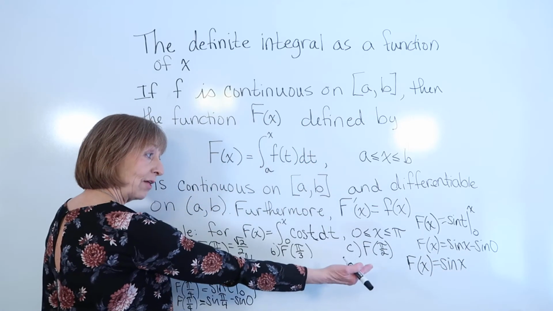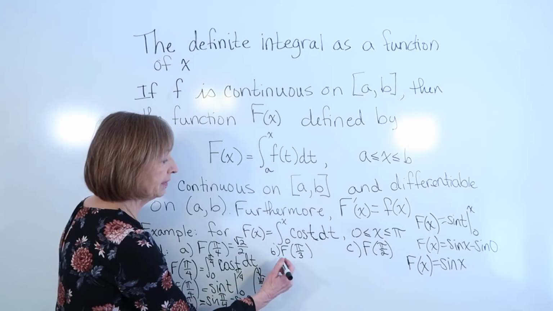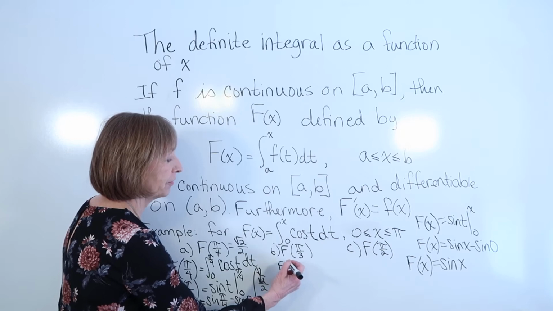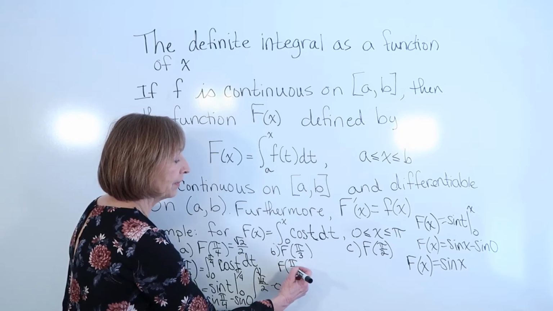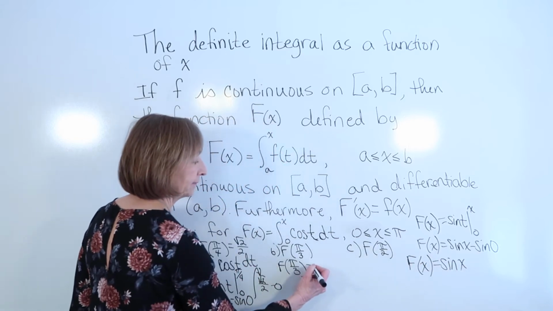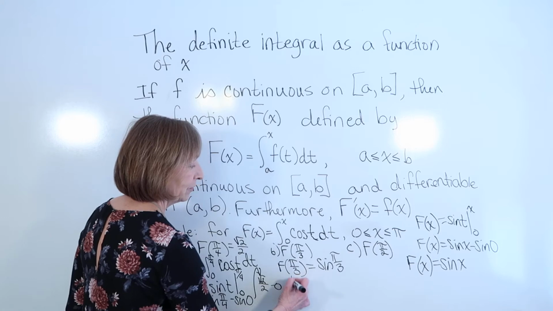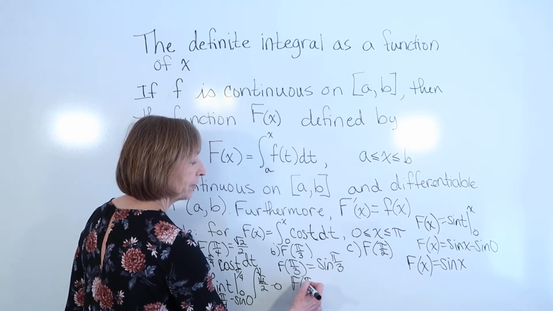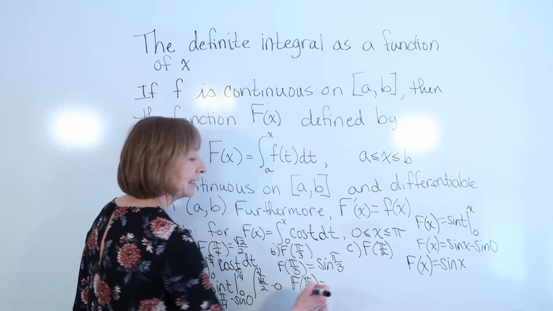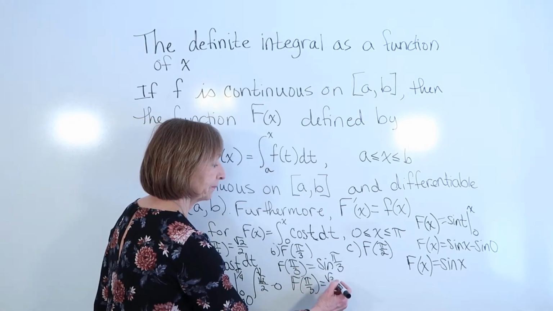So since I did all that work once, now I can go ahead and say, well, that means for F of pi over 3, I'm just going to evaluate the sine of pi over 3. So my capital F of pi over 3 is equal to, well, the sine of pi over 3 is the square root of 3 over 2.